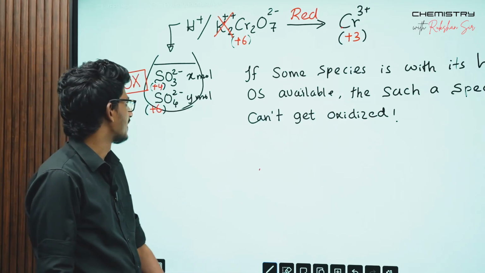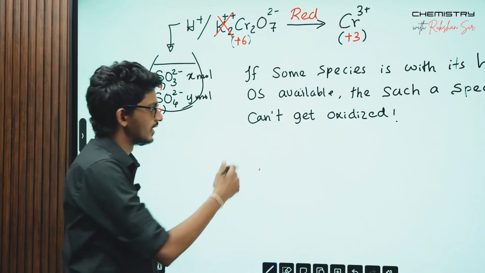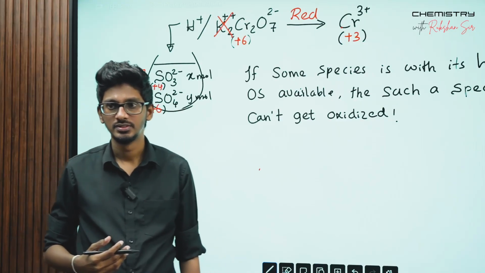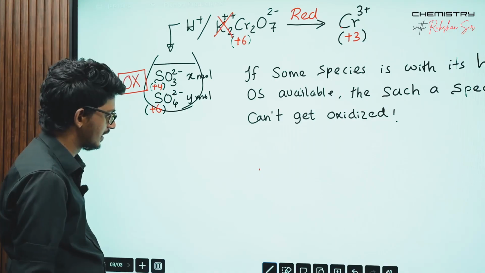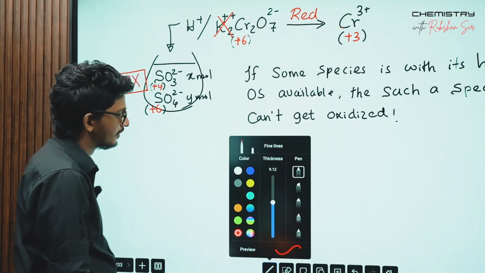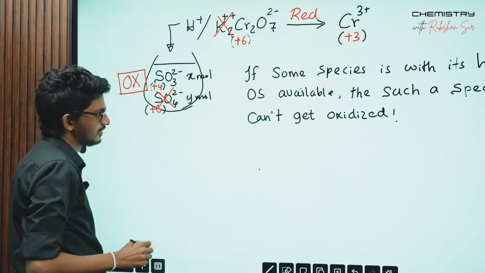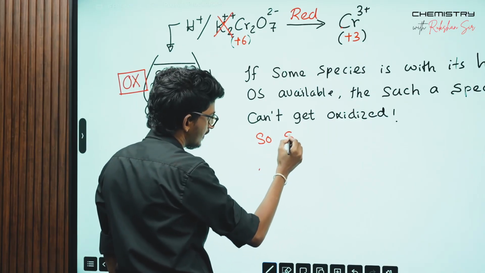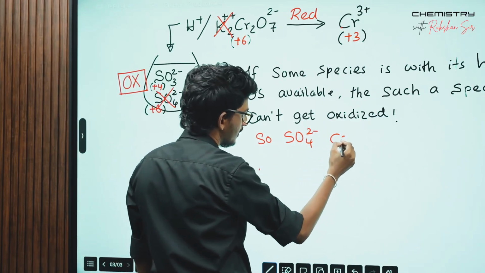So +6 is the highest oxidation state of sulfur available. So that SO4 2- here can't get oxidized.